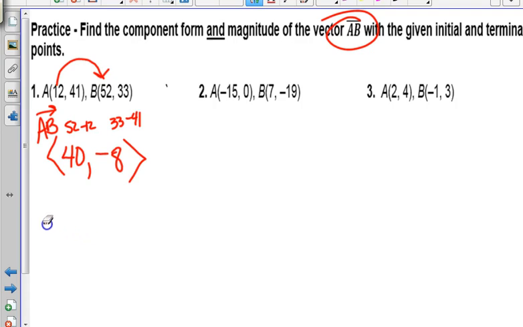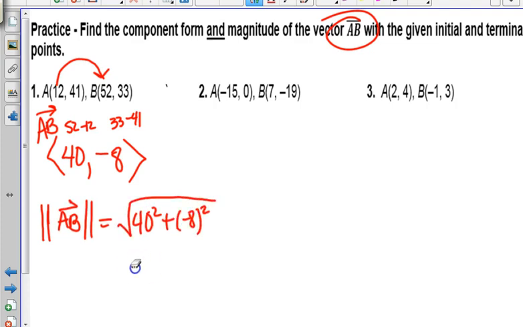All right, and then to do the magnitude, this is the symbol they will use for magnitude, guys. These double lines a lot of times, double absolute value looking things. So the magnitude of vector AB is going to be 40 squared plus -8 squared square rooted.